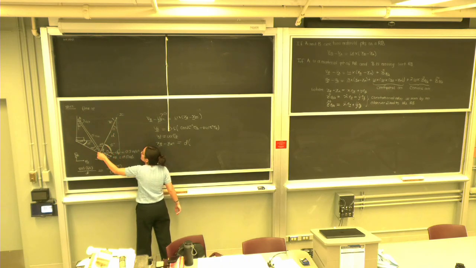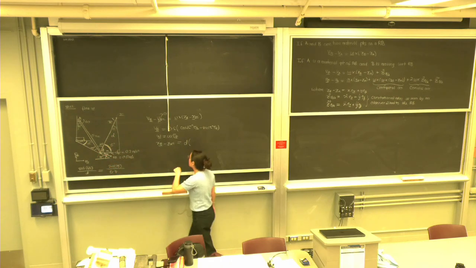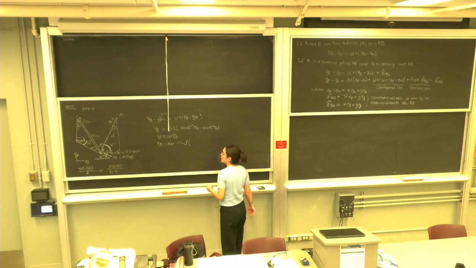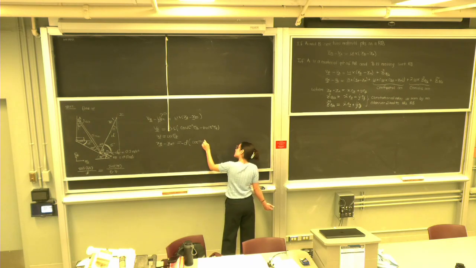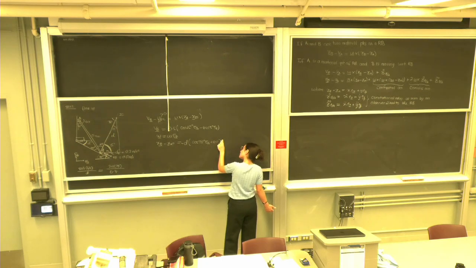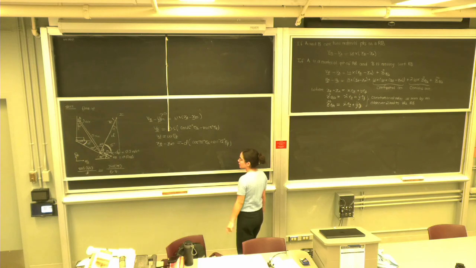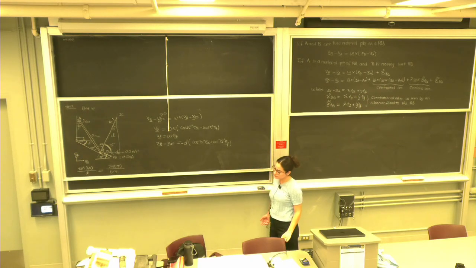It has negative x, negative y components, so minus cosine 75 ex plus sine 75 ey. Is that right? So I can do these cross products and I can solve for omega.